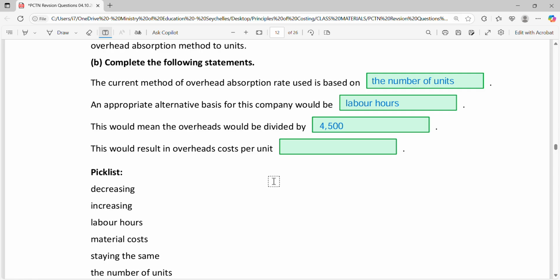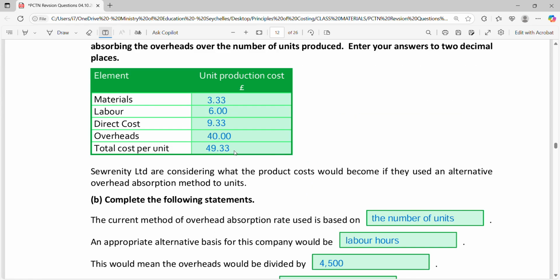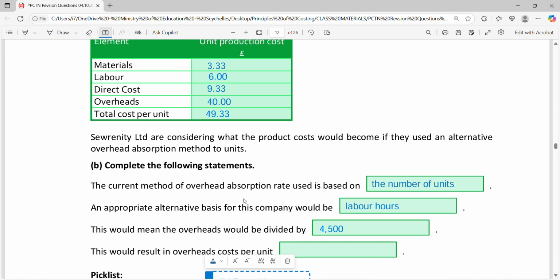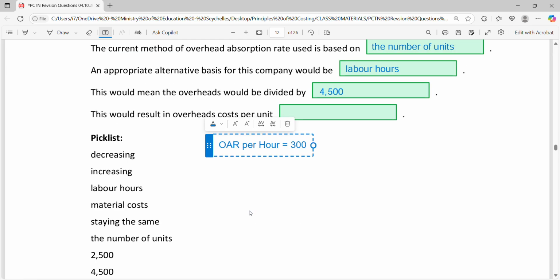This would result in overhead cost per unit. Now, you need to be watchful in this one here. First of all, you need to calculate the overhead absorption rate per hour. The overhead absorption rate per hour is the budgeted overheads divided by the budgeted hours. The budgeted overheads is 300,000 and the number of hours is 4,500.